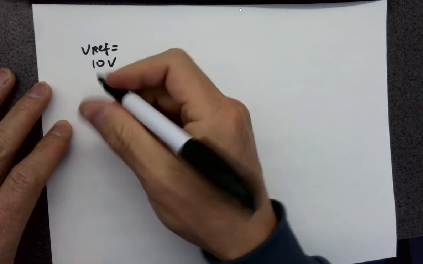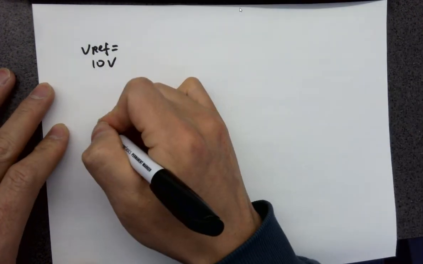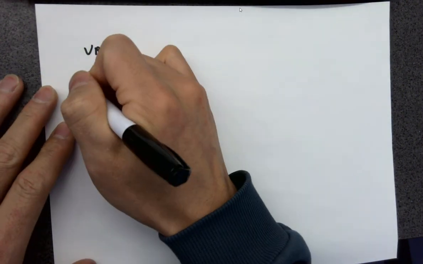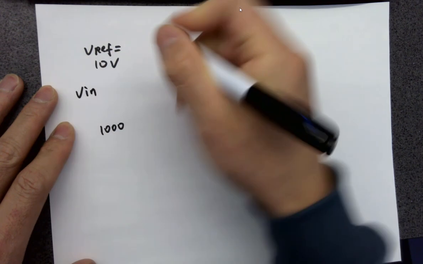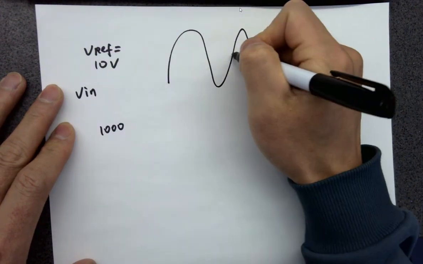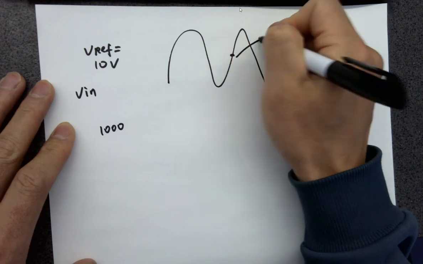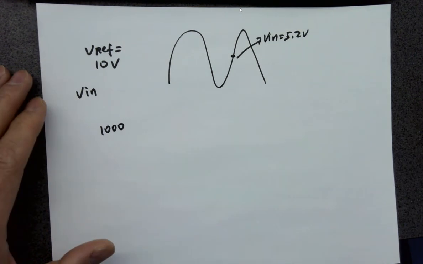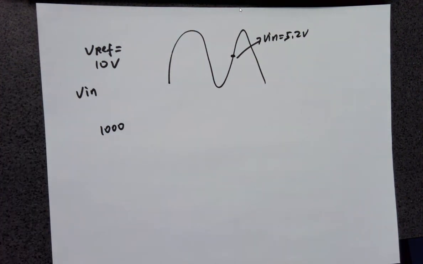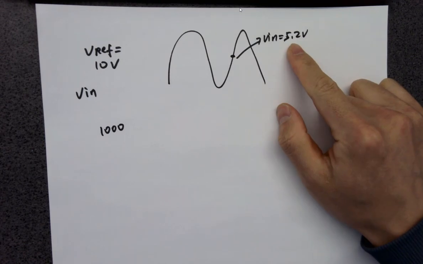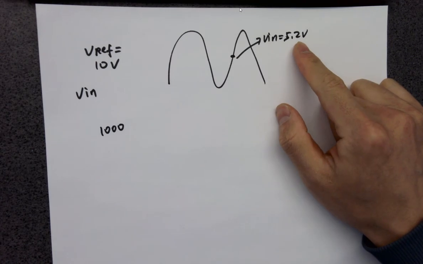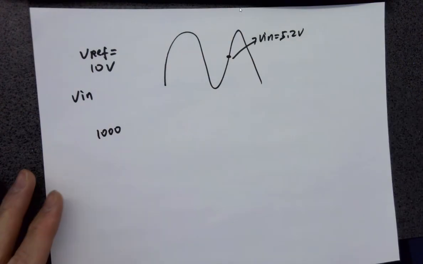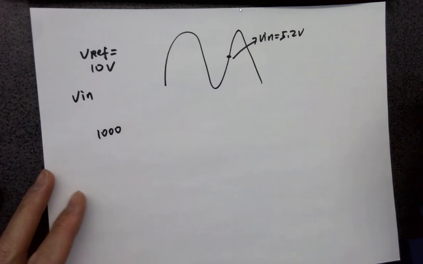It starts with 1000 for the conversion, and if V in, analog, like this, at this moment equals 5.2 volts, now the SAR ADC is going to start working really hard to convert that 5.2 volts into a 4-bit digital number. And the SAR block is going to do this.